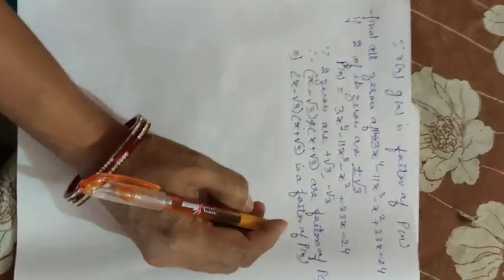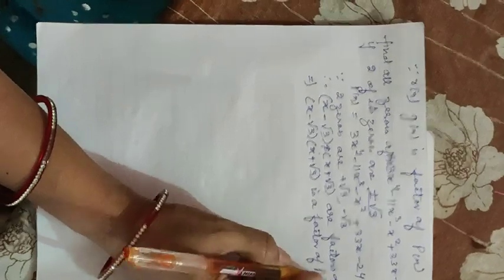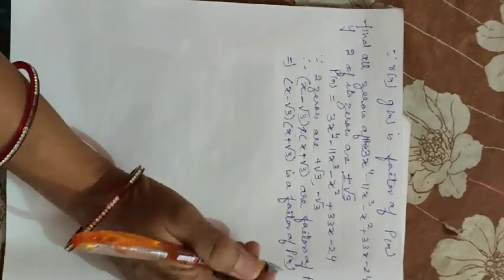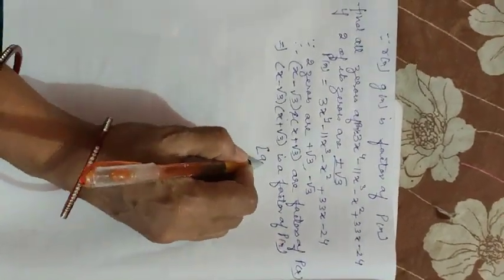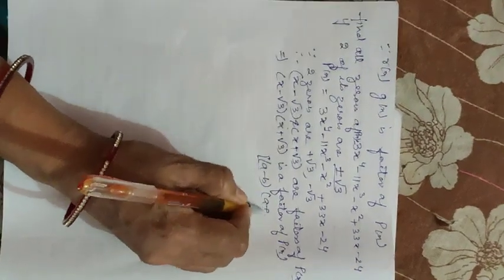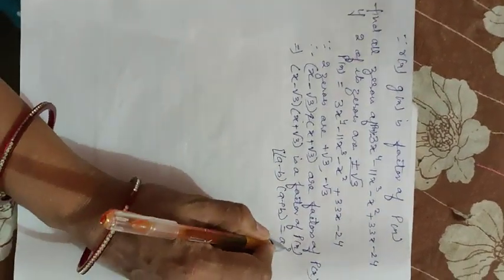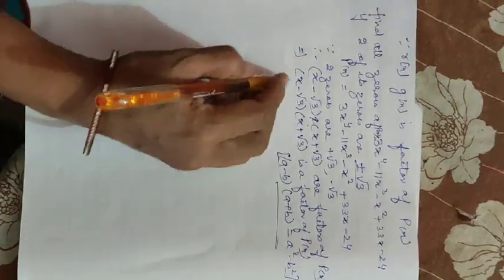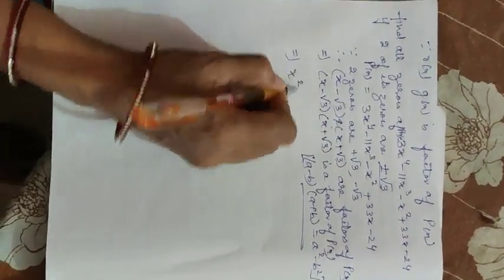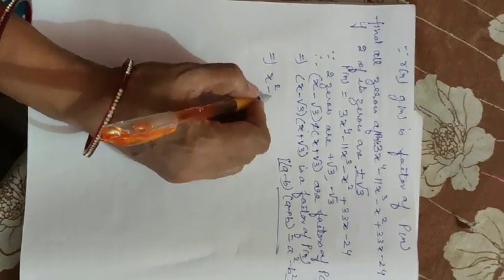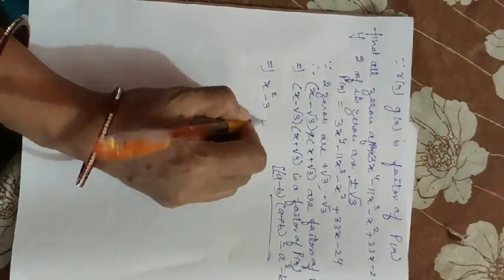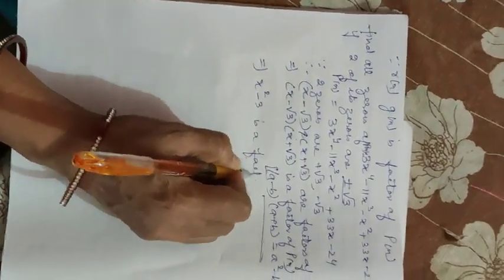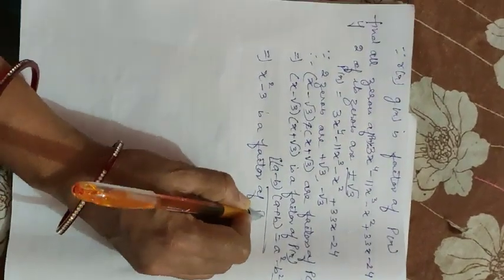We just read the algebraic identity in lower classes, that a minus b into a plus b gives a square minus b square. So we will apply this here. So this implies x square minus root 3 square means 3. x square minus 3 is a factor of p(x).